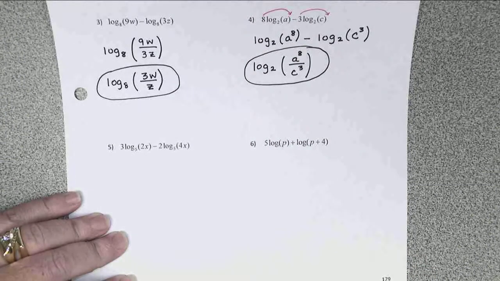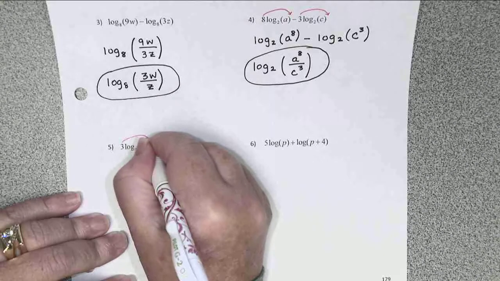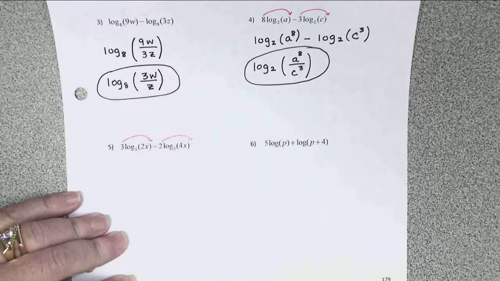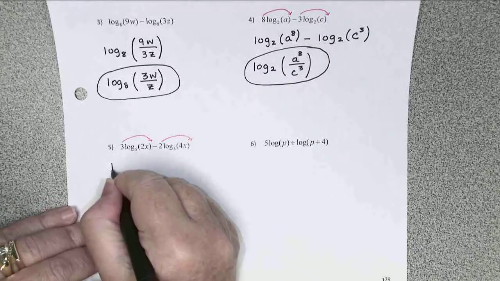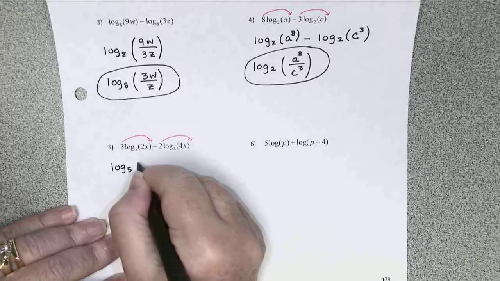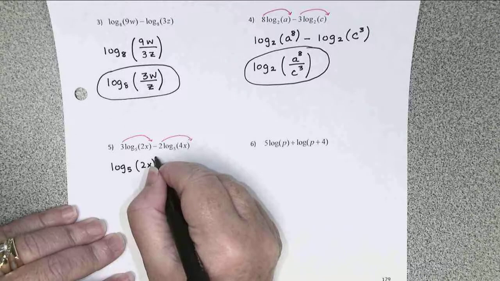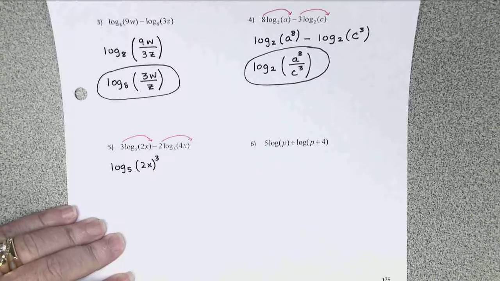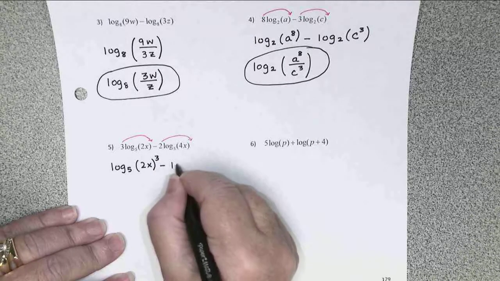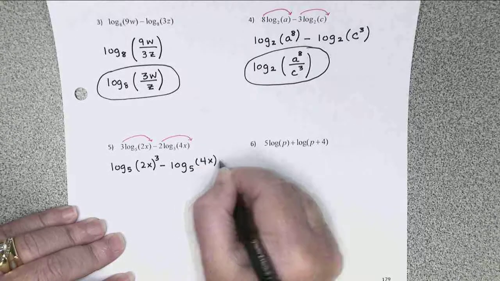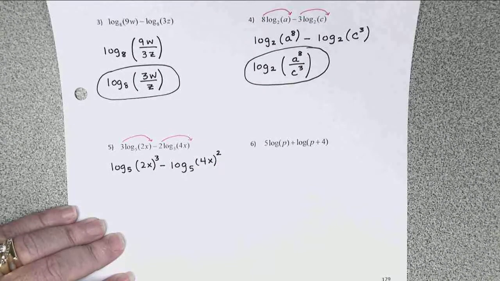All right, let's do that again in number 5. I have multipliers, so I need to start by saying let's put those back up as powers. Log base 5 of 2x, the entire 2x raised to the 3rd power, minus log base 5 of 4x, and again the entire 4x raised to the 2nd power.